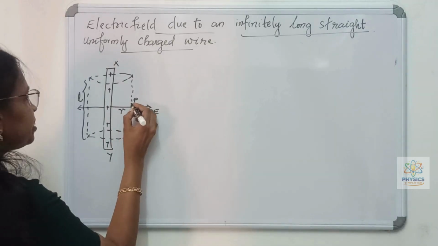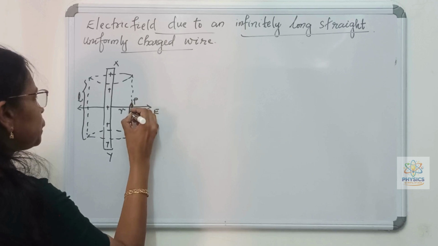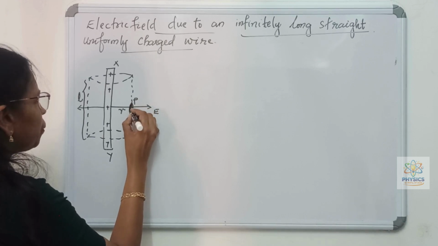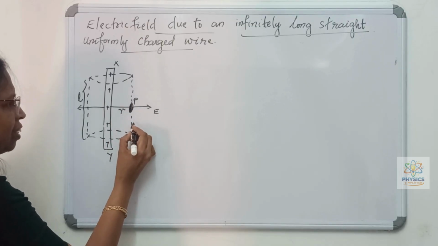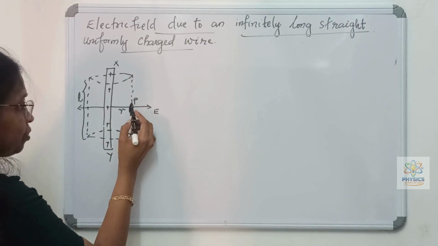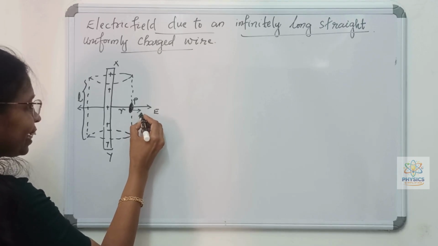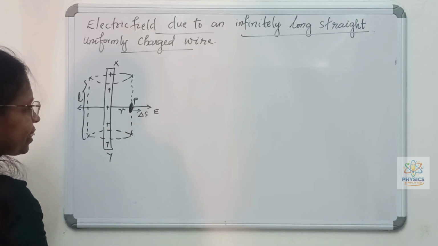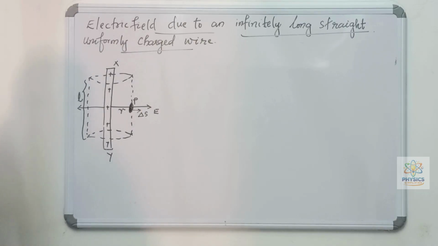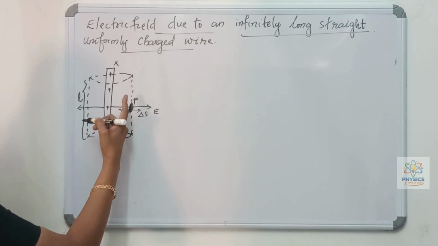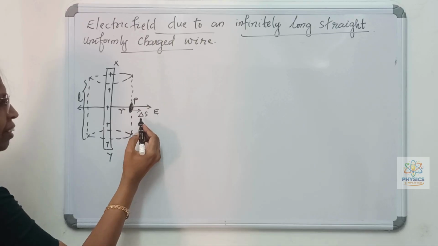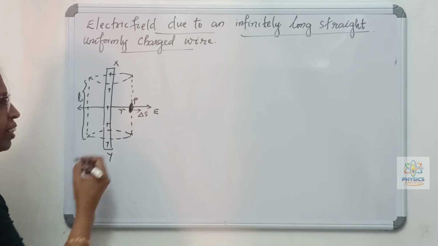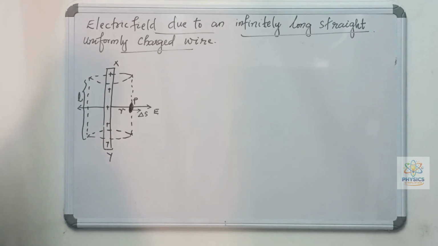Next, we have to consider a smallest portion around the point, along the curved surface of the cylinder. Here you just consider this is the elemental area delta S. If we imagine the elemental area on the curved surface, both the electric field and delta S are pointing in the same direction.